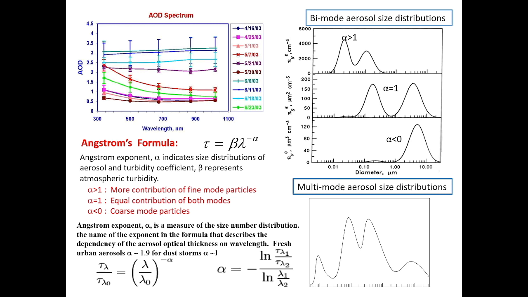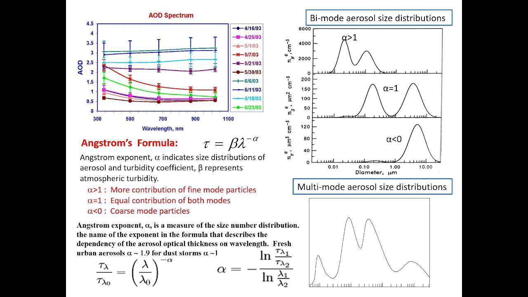Now these are some of the parameters used to study different kinds of aerosols in different modes. For example, when the alpha value is greater than 1, the fine mode particles will dominate. If this is the kind of distribution we consider, then this is the fine mode which is dominating here. If fine and coarse modes are of equal amount, then alpha will be 1.